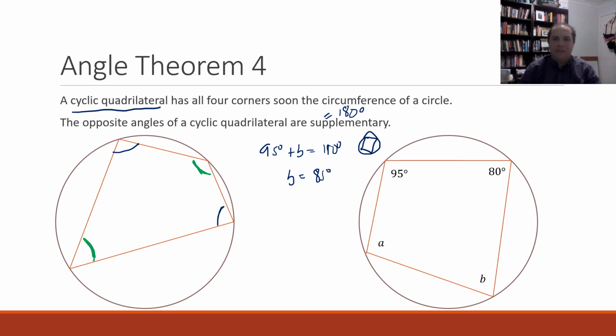We can also say, because they're opposite, 80 degrees plus a must also equal 180. Rearranging that, we get 100 degrees. And once again, our reason for that statement is our circle with a quadrilateral in it that says opposite angles of a cyclic quadrilateral add to 180 degrees. And that's all there is to it for calculating unknown values in cyclic quadrilaterals.